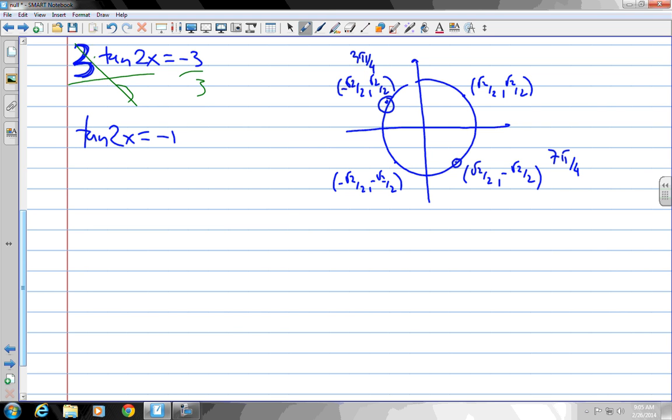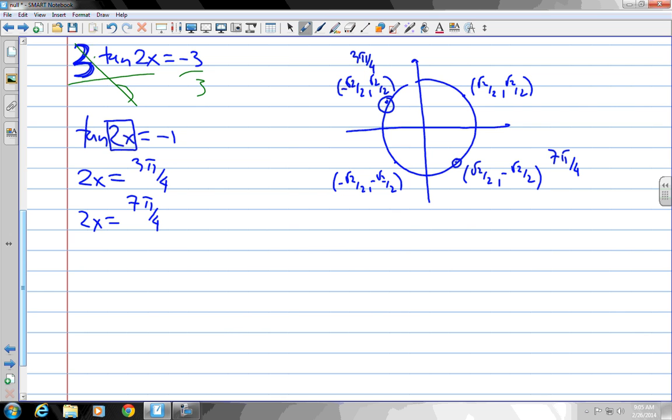So right now, that means if 2x equals 3 pi over 4, then we're happy, right? So 2x has to equal 3 pi over 4, or 2x has to equal 7 pi over 4. Because then on the inside you get tangent of 3 pi over 4, that's negative 1.